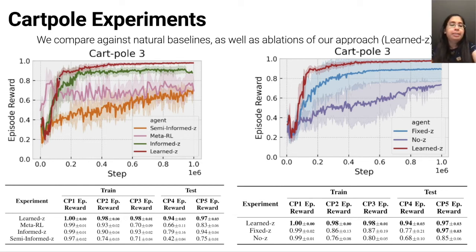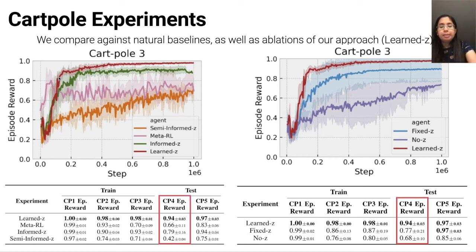So we compare against meta-RL, Z, which takes dynamics parameters as input, as well as no Z, so learning one shared policy across all cart poles, and a fixed Z. So Z is initialized to a random value and then kept fixed.